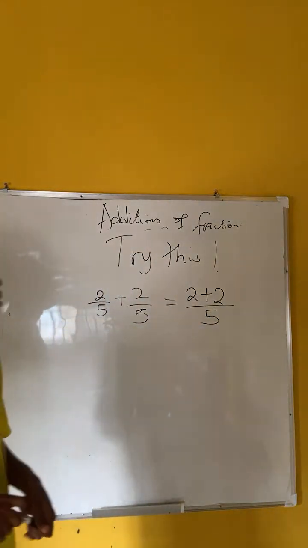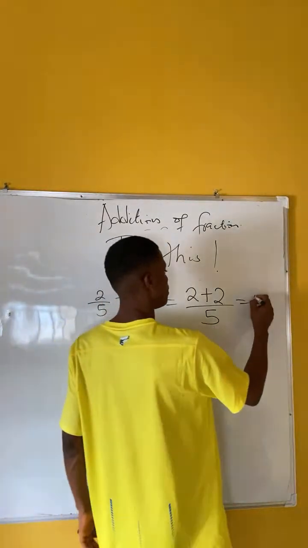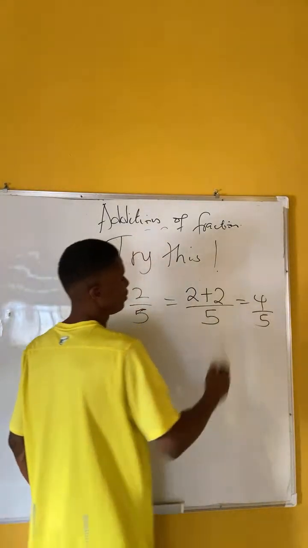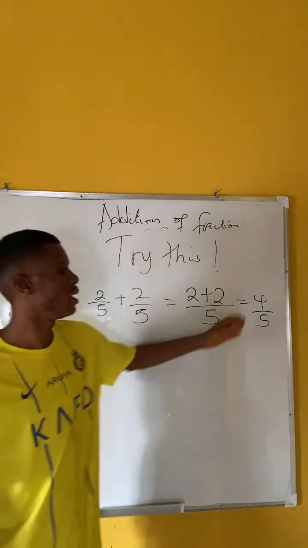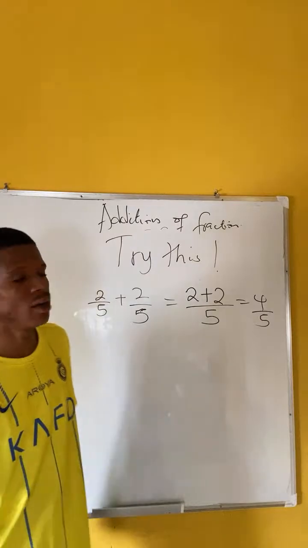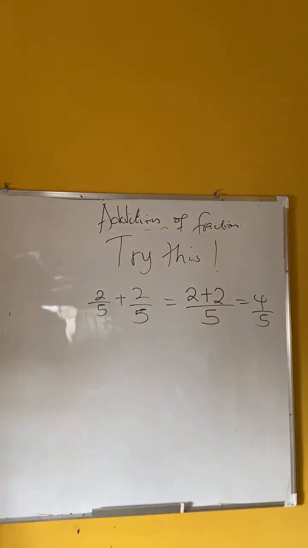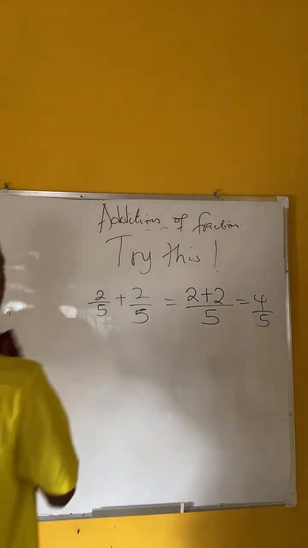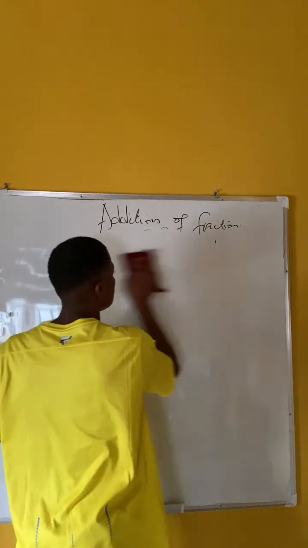Then 2 plus 2 is what? 4, right? So the answer becomes 4 over 5. Very simple and easy to understand. So adding fractions together is as easy as ABC.